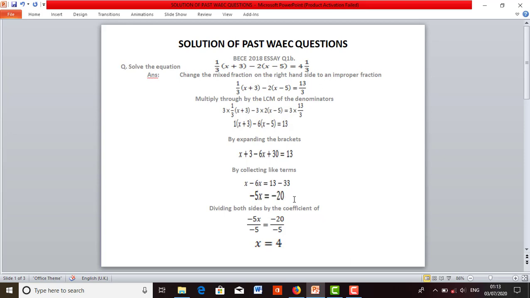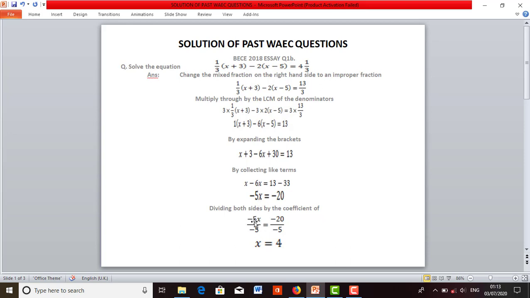But remember, when we are given an algebraic equation like this, we are required to find a value for the variable. So we come back and say we want to have a value for x. Now what do we do? We divide both sides of this equation by the coefficient of x. The coefficient of x here is minus 5.